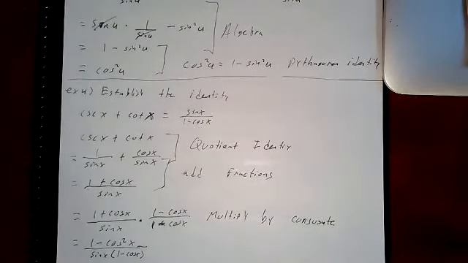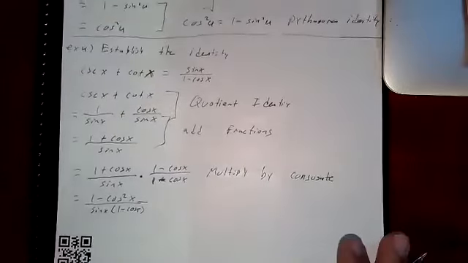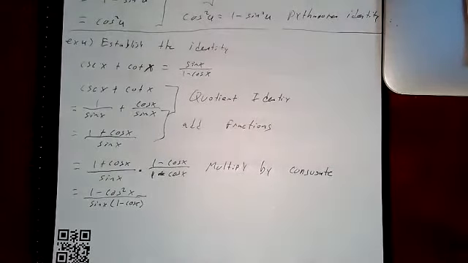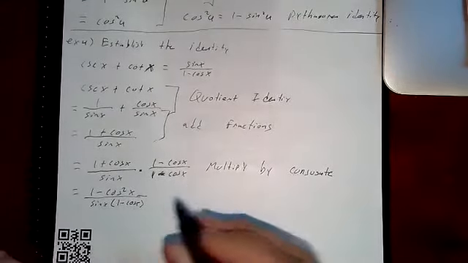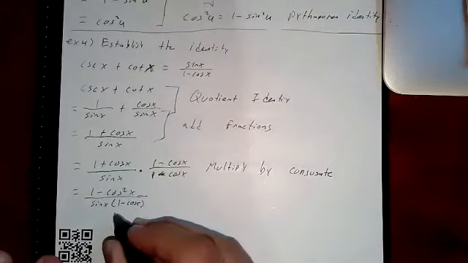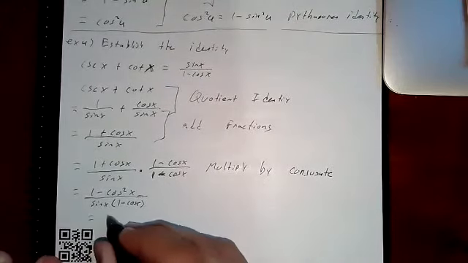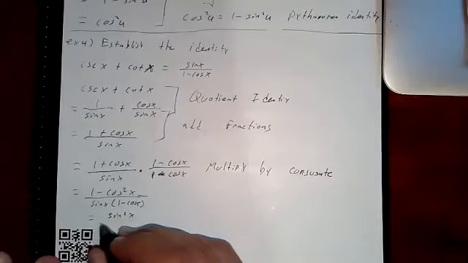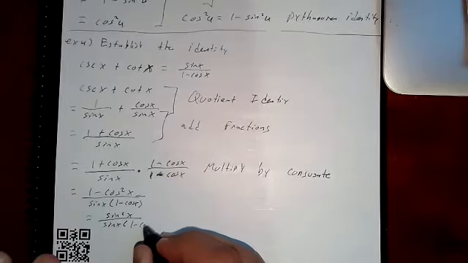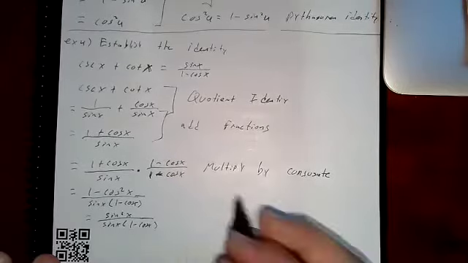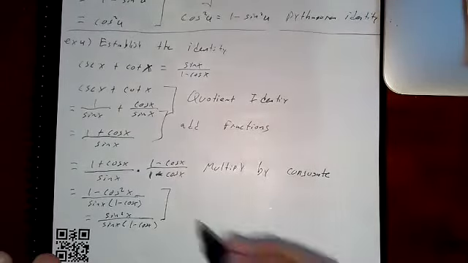What is 1 minus cosine squared? Sine squared. So we're going to end up with sine squared over sine x times 1 minus cosine x. From here to here was the Pythagorean identity again.